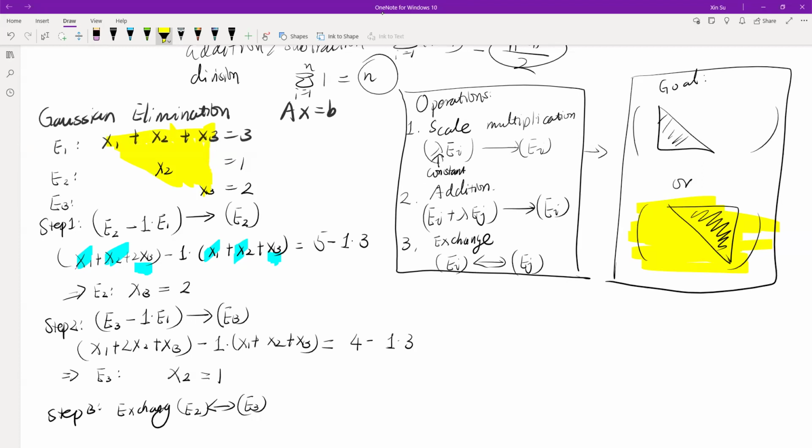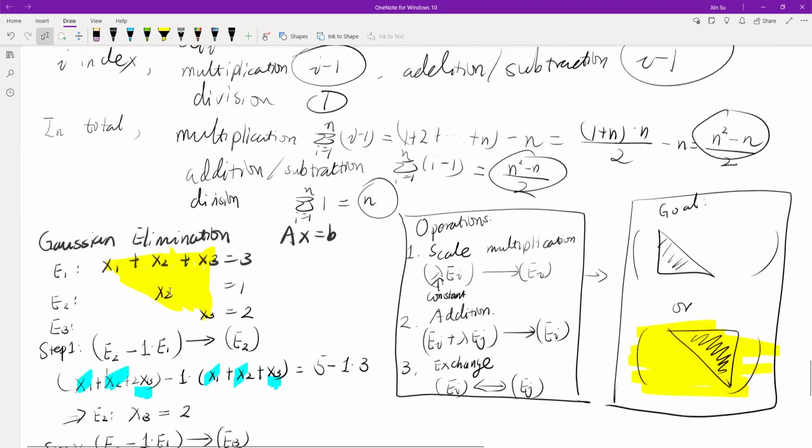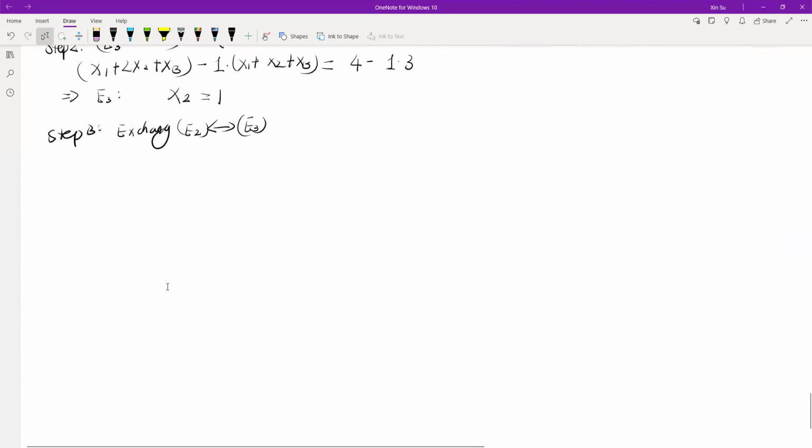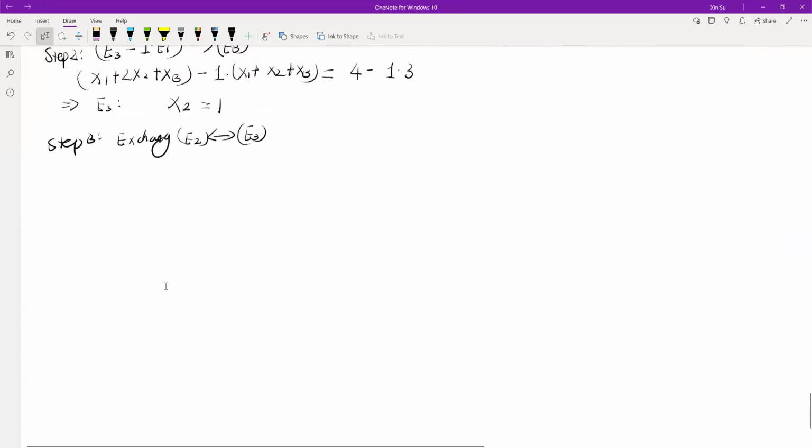And actually, we would use the matrix to represent all these row operations here. So let's see. I'm going to show you the matrix format of the whole process here. This is called Gaussian elimination.